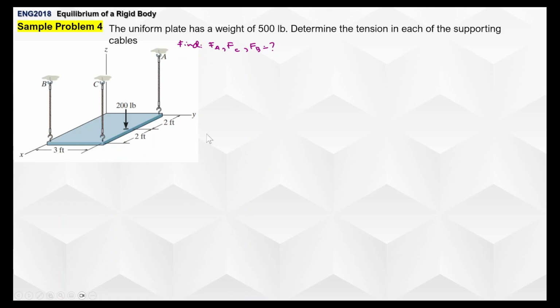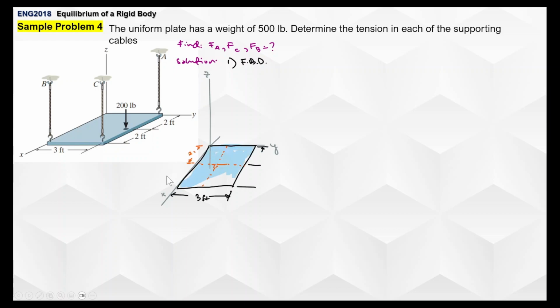Okay, that's good. So first things first, we draw our free body diagram. So again, we draw first our x and y axis. Then we draw our body. Since it says here, we're also given another given here, 500-pound force. The uniform plate has a weight of 500-pound force.